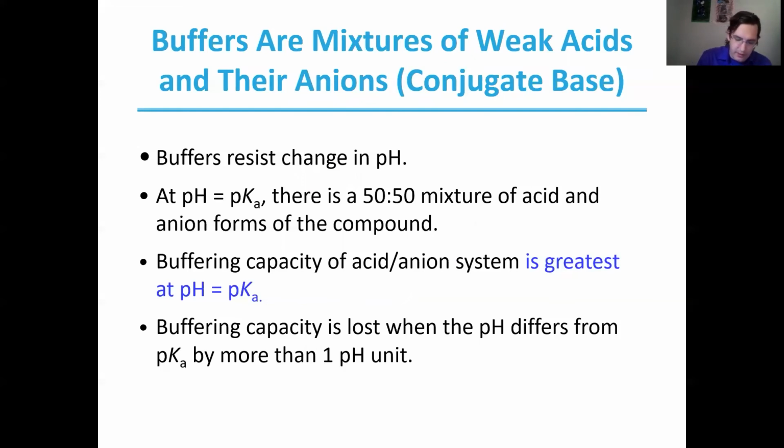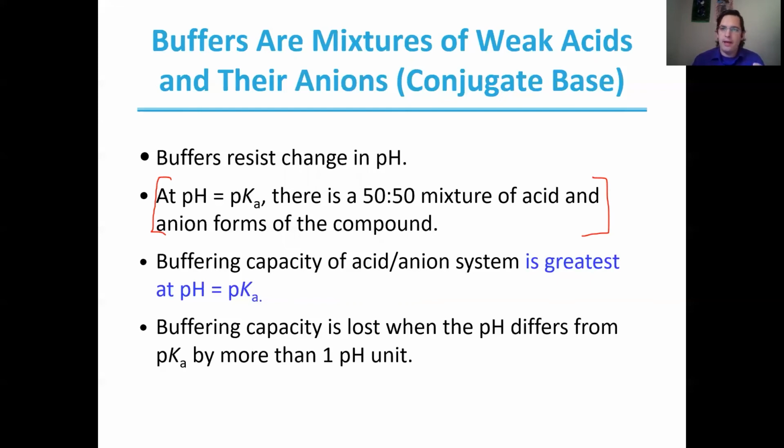So as we just saw on our titration curves, when the pH is equal to our pKa, there's a 50-50 mixture of our acid and the conjugate base form of our particular compound. This is also the point where we say that we have the greatest buffering capacity for our acid-base mixture, right?